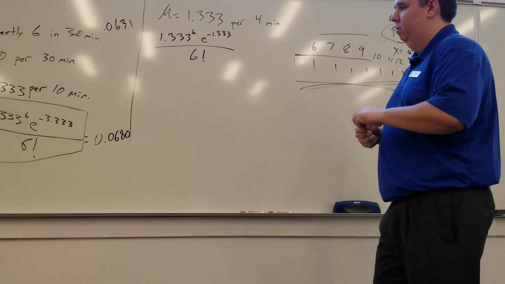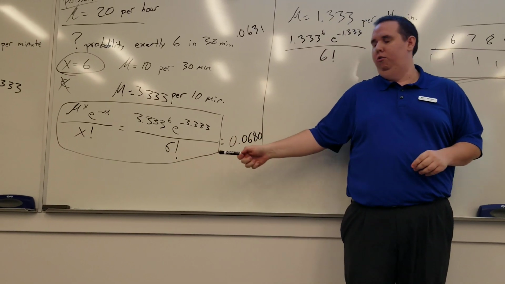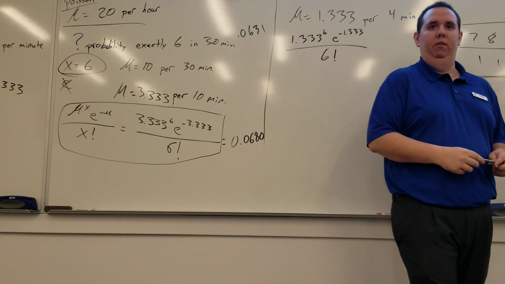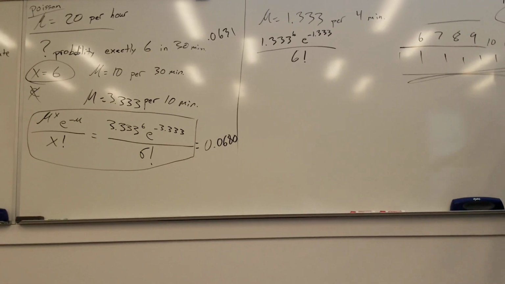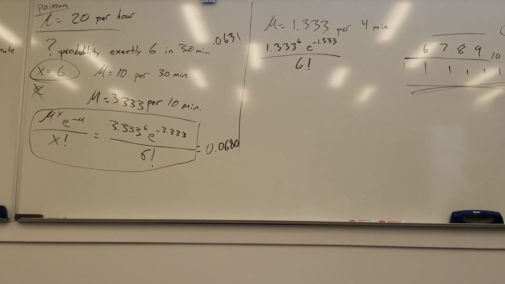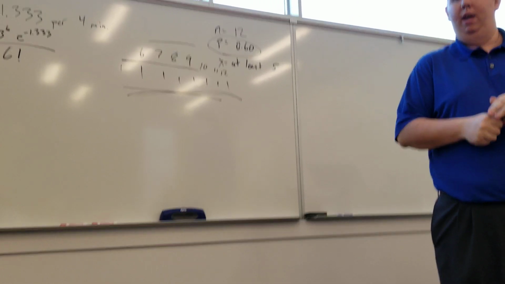So another reason to do this all separately is we should already know what 6 factorial is, right? So we could just plug that number into the denominator instead of having to go through your calculator to figure that one out again.